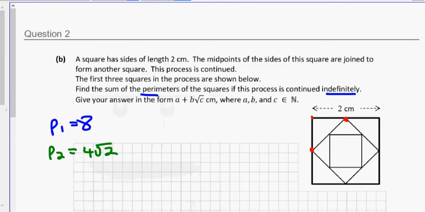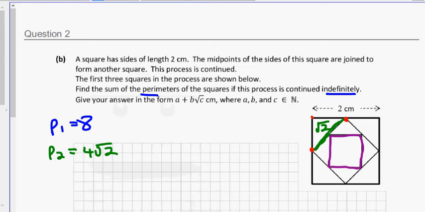Okay. Next thing we're on then is P3. Try to figure out this here. Okay. Well, we know from here to here, we know that's root 2. Okay.